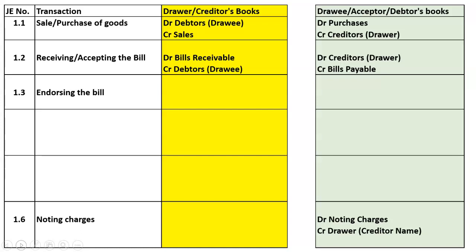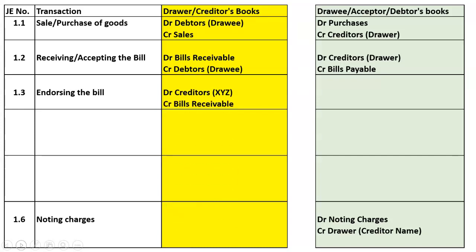Instead of paying him cash, he endorses this bill in favor of his creditor XYZ so that he can collect cash when the drawee settles the bill on the maturity date. Since this results in a decrease in his liability towards his creditor XYZ, the drawer will debit creditor XYZ and credit bills receivable.